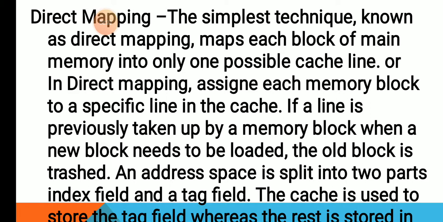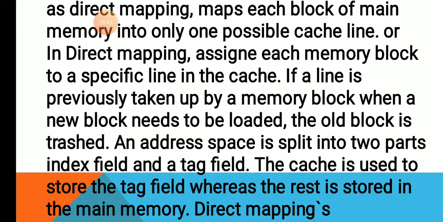In direct mapping, each memory block is assigned to a specific line in the cache. If a line is previously taken up by a memory block, when a new block needs to be loaded, the old block is trashed.